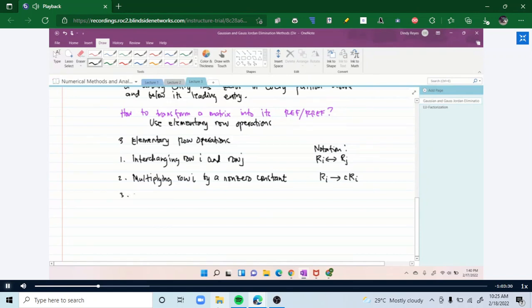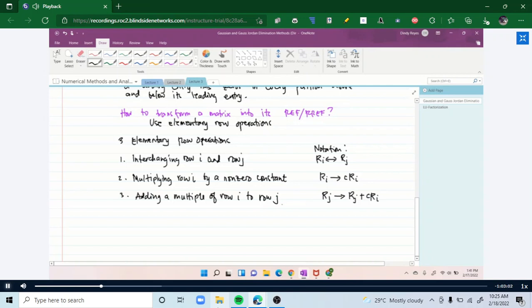Okay. And then adding a multiple of one row to another, of row I to row J. Say for example, we are changing row J with row J plus a multiple of row I. It will be our notation.